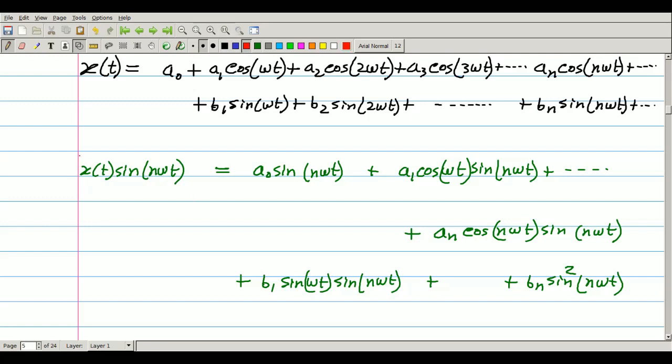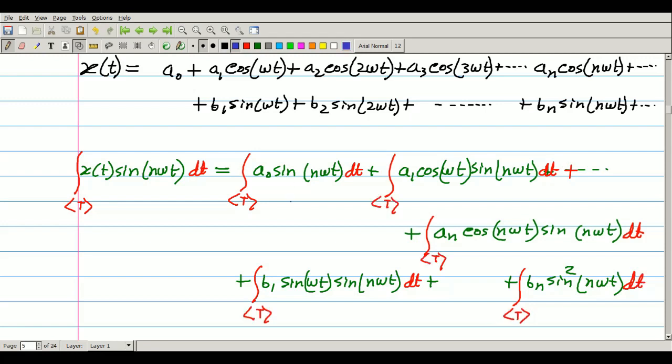Now we will integrate both the sides over a complete cycle like this. Okay, so let me integrate these terms individually. Then you observe that among so many terms in the right side, most of them are zero.